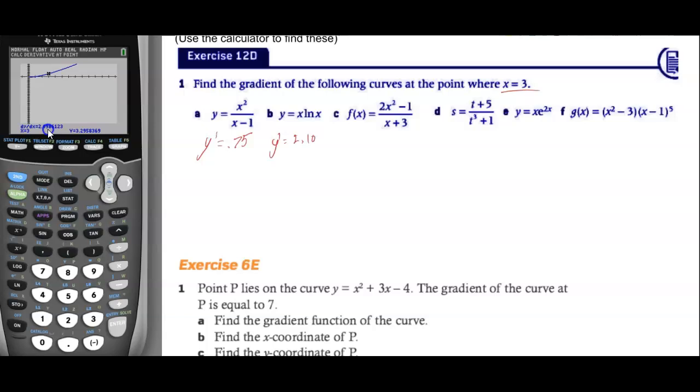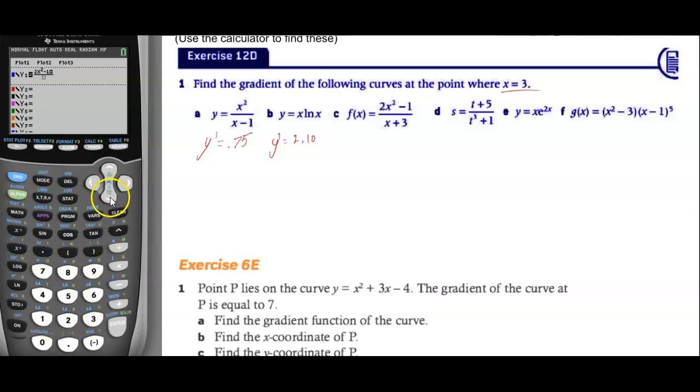Okay, next one. Again, the only challenge in this is how to type these complex functions in the calculator. Again, let's go ahead and use the vertical fraction so we don't need to worry about putting parentheses on the top and the bottom. 2x squared minus 1.